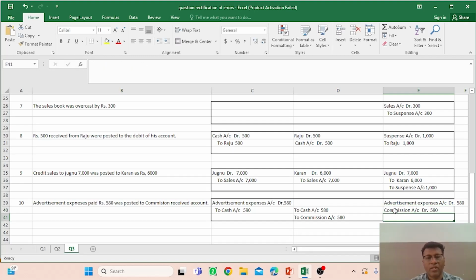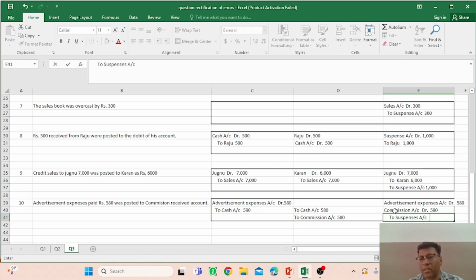And now what is the solution to the credit side? No doubt you have to again use the suspense account, because there is nothing to write over here, but in order to match the debit and credit side, you need a particular account to be credited. So suspense account. You have to mention: to suspense account. And what about the amount?